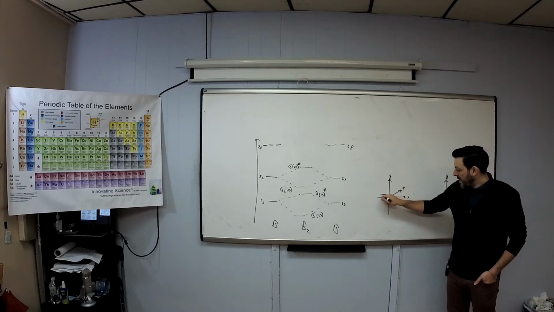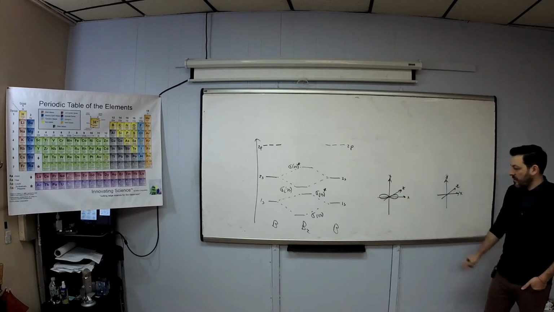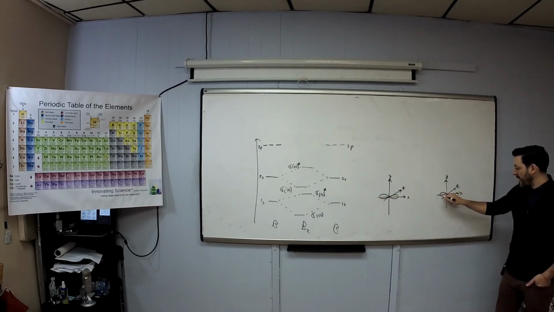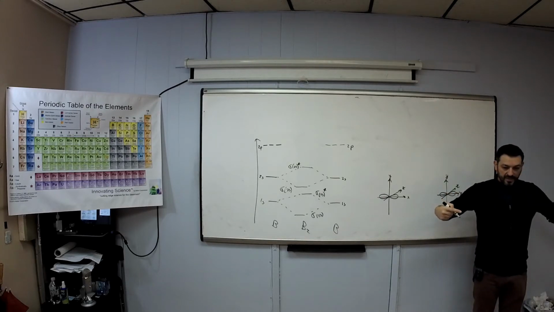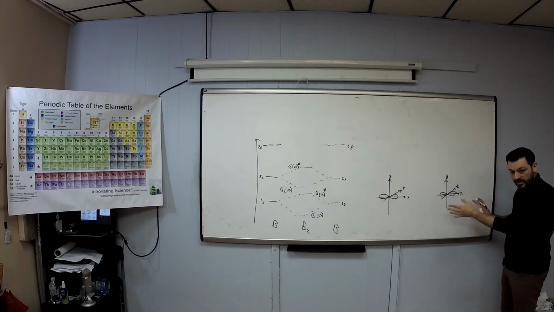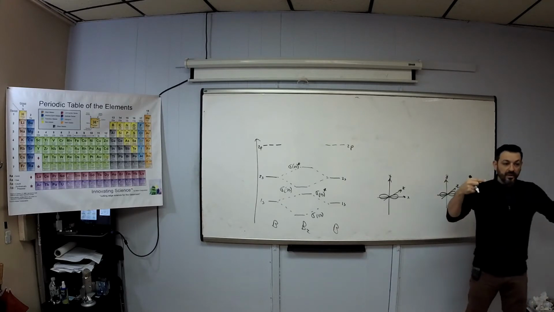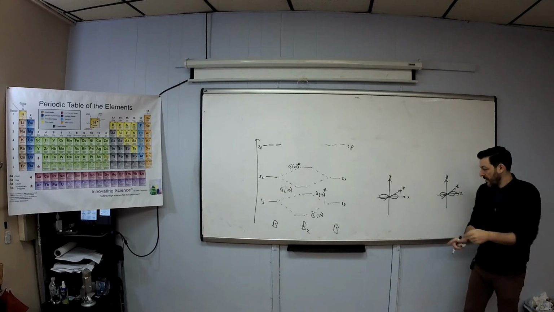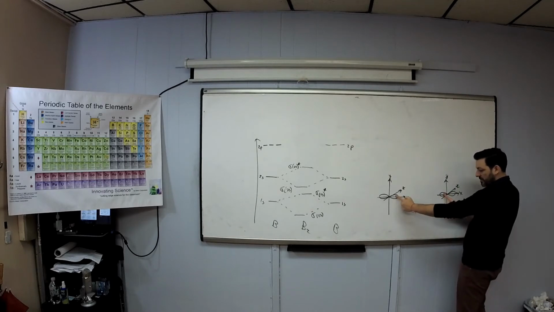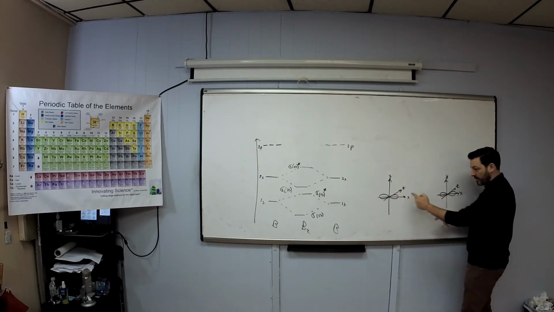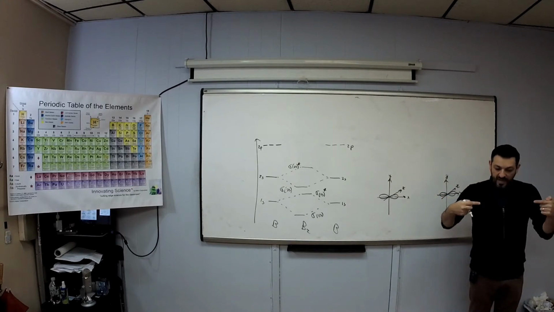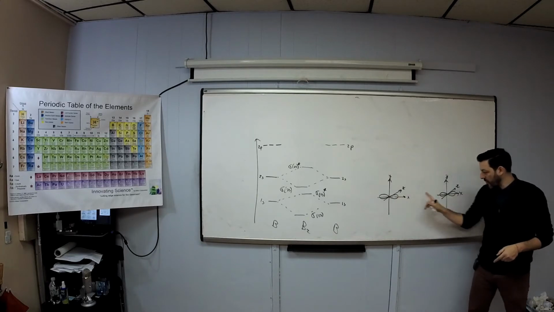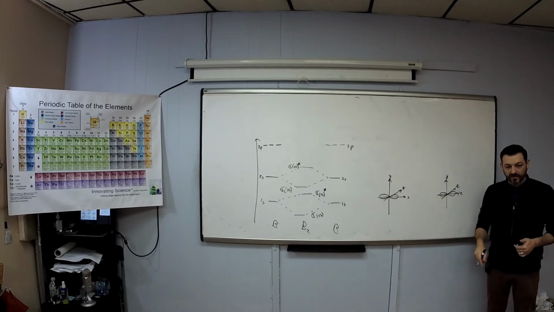When the px of one boron approaches the px of another boron, since they're both on the x-axis, when they approach each other, this could be shaded and this could be shaded and it could be bonding, or this could be shaded and this could be unshaded, it could be anti-bonding. But specifically of what type, it's in the same line. They'll approach each other, one lobe will touch one lobe, and that'll be a sigma event.